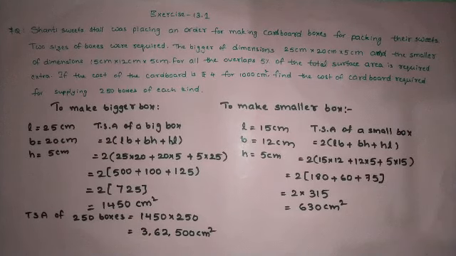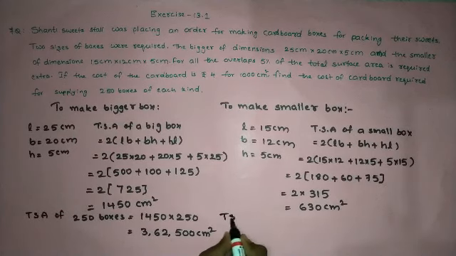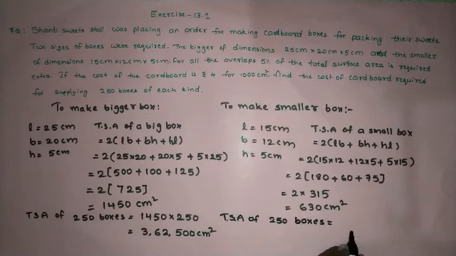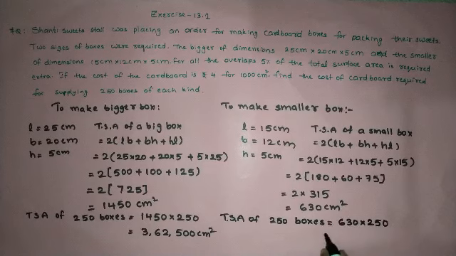Next we require 250 small boxes. So total surface area of 250 small boxes, that is area of one box into number of boxes, 630 into 250, we will get 1,57,500 centimeter square.